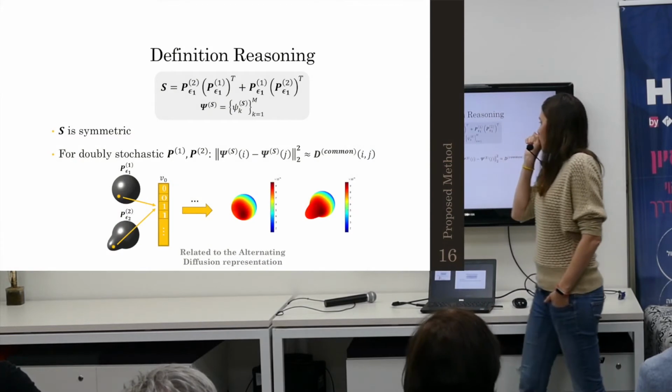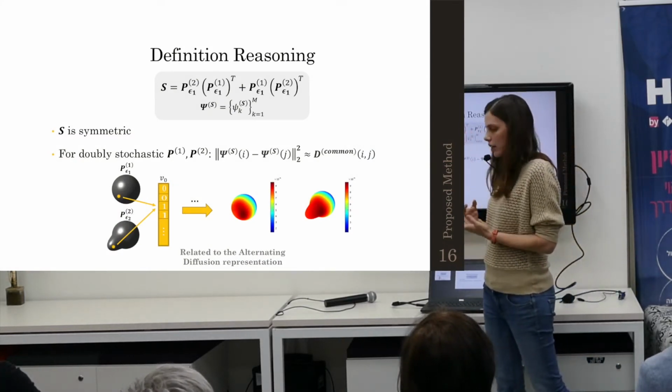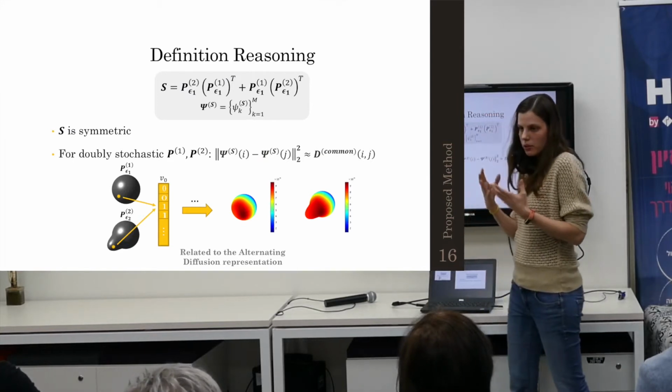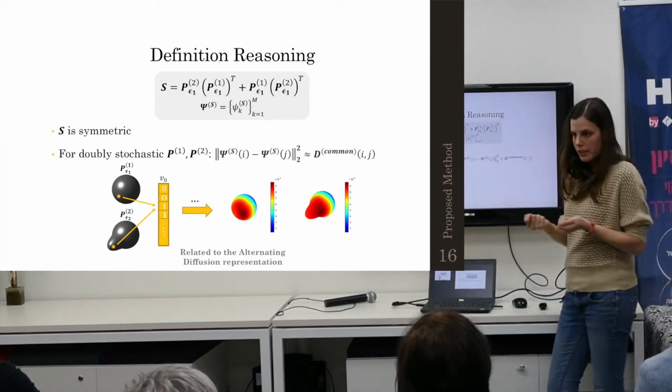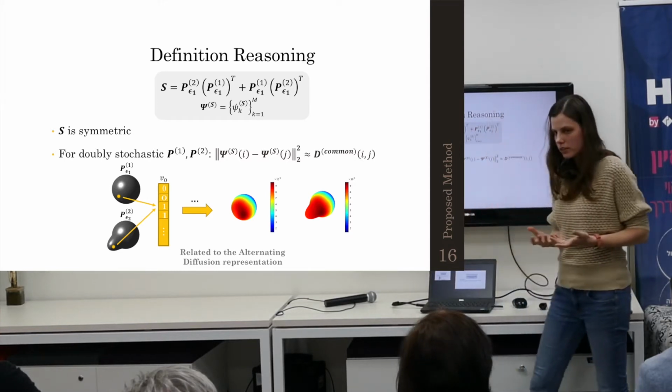So the reasoning behind this choice is, first of all, the S operator is symmetric. So we can simply obtain a new representation by taking its eigenvectors. So it's guaranteed to have an eigenvector decomposition.